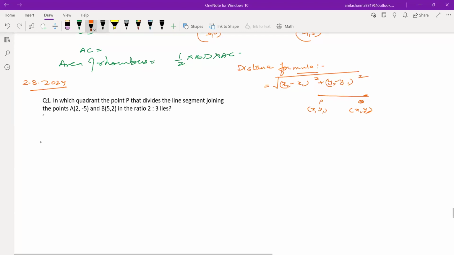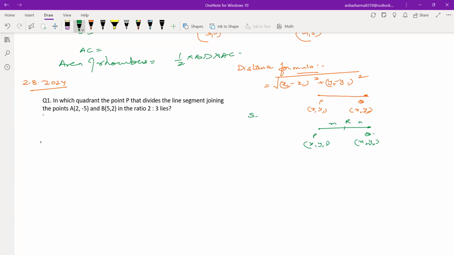And next is the section formula. If the line joining 2 points P and Q is divided by any other point in the ratio m and n, then how will you find the coordinates of R? Who will tell me the section formula?